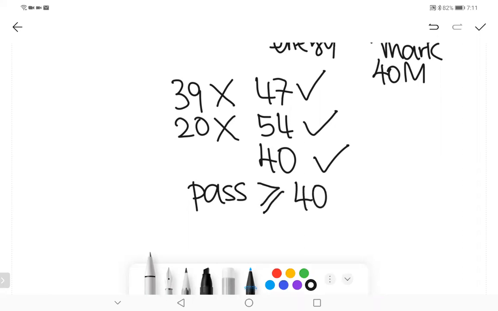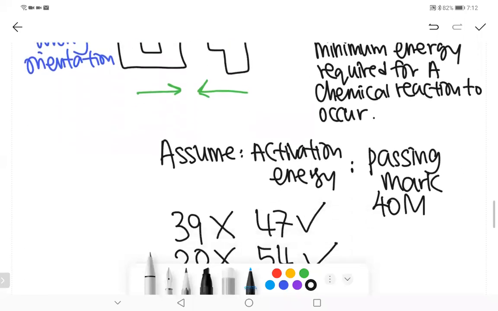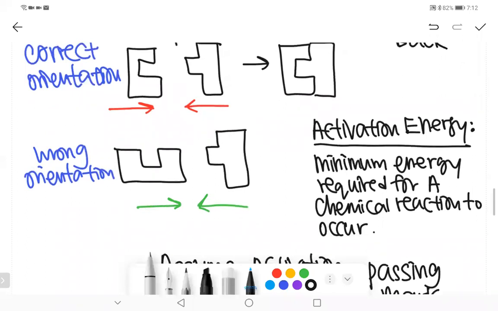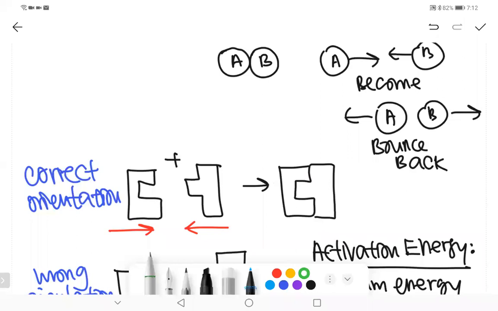So far so good? Yeah. So now you use the same concept in chemistry here. So now this 40 marks you change to what? Energy. So if you want a reaction to occur, they must be equal or higher than activation energy. For example, let's say in this reaction, just assume the activation energy is 50 joule.